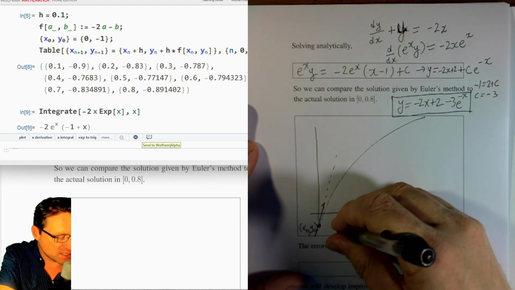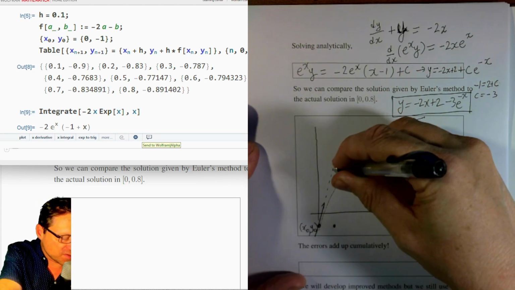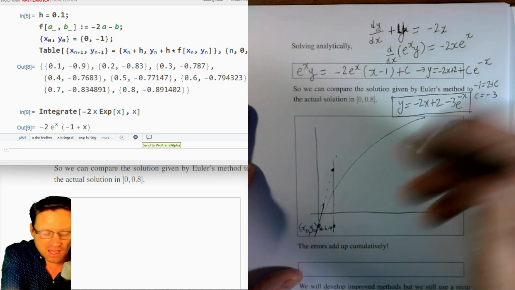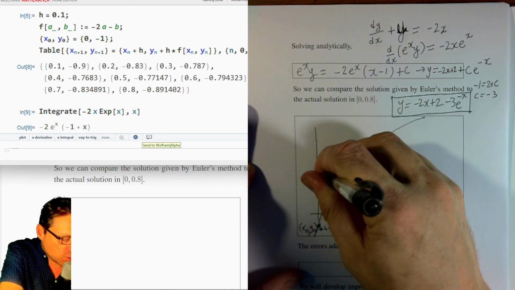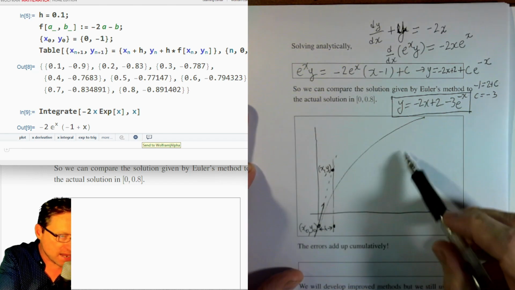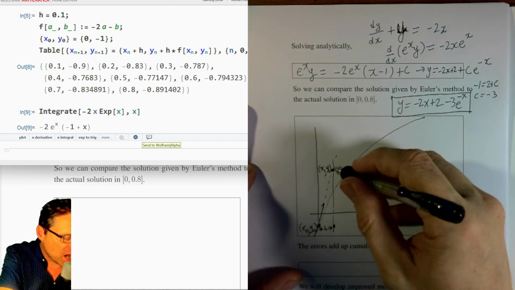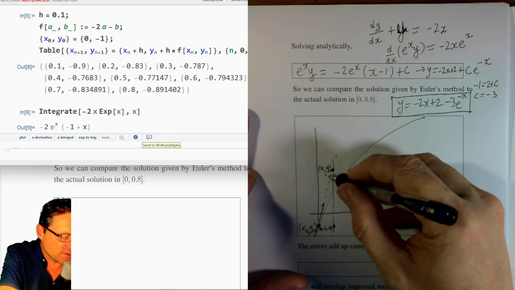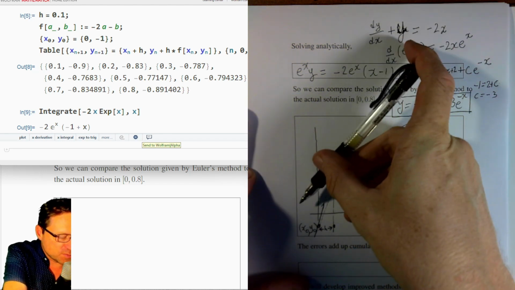Okay, so that might be here, and we stop on that tangent line when we've stepped forward 0.1, generally h. All right, so this would be x1, y1. All right, now we repeat this process, but the assumption here is that this is where the curve is, so we follow a tangent line from this point.